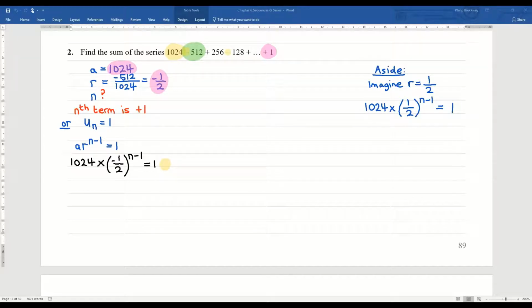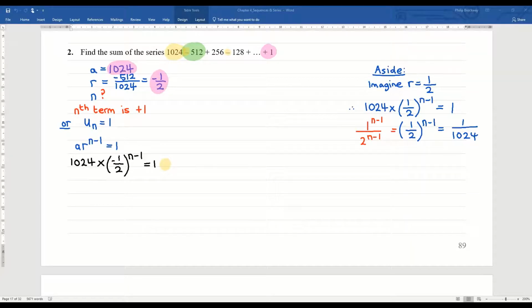Therefore, divide both sides by 1024, and we get 1/2 to the power n subtract 1 is simply 1/1024. You'll know from your work on indices that this is just the same as 1 to the power n subtract 1 over 2 to the power n subtract 1. So we can just flip it over.